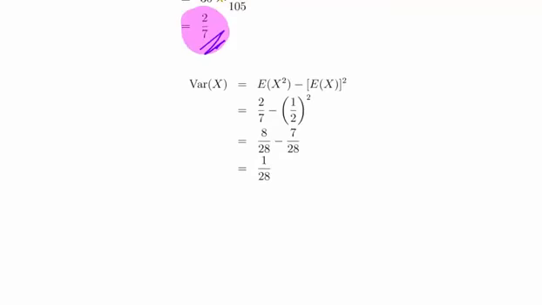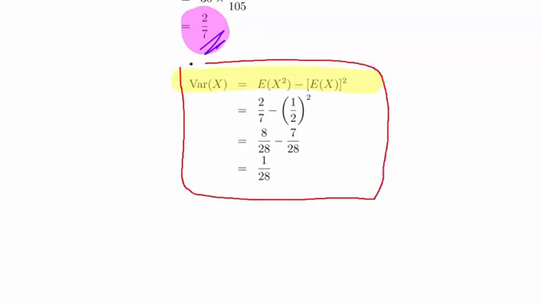This is a very important formula that you should be familiar with: how to calculate the variance of x. This is why we did that intermediate step to calculate the expected value of x squared, because we needed it for the variance. So the variance is the expected value of x squared minus the expected value of x, squared.